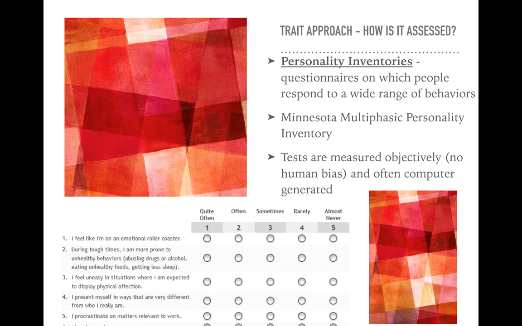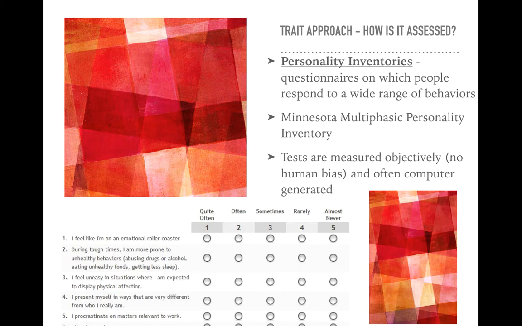If it's subjective, there's that human bias. I use the example of if I'm teaching a lesson and Mrs. DeLees and Mrs. Bangle are in my classroom, they're going to give me a different evaluation. They're looking for different things. They might notice different things. They might value different things. That's subjective. Objective means there's no human bias.